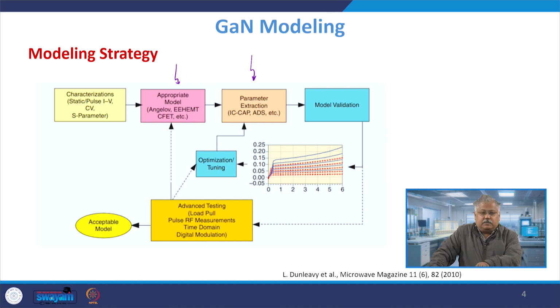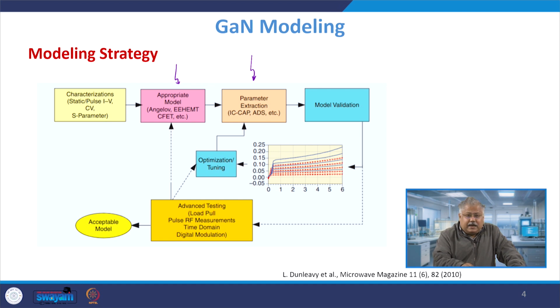Those are extractable using IC-CAP and ADS, right? And if you have a characterization facility available, you can actually characterize it. Then you try to validate the model which you have formulated, either Angelov or ANN based, using parameter extraction. You validate that model with TCAD or any other data.